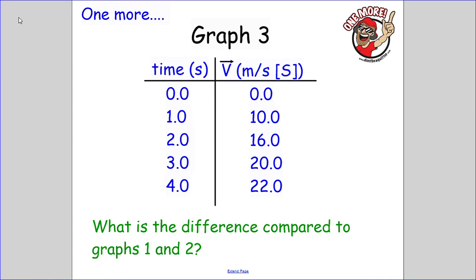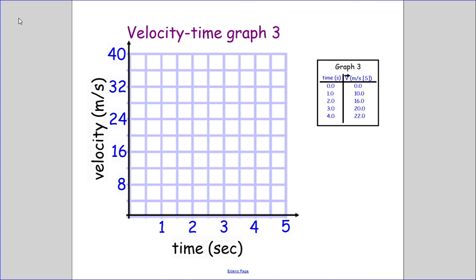All right, so velocity time graph for this third graph, this last one. We're going to go through here and we're going to start to plot some of these points out. So I've got 0, 0, I've got 1 and 10, I have 2 and 16.